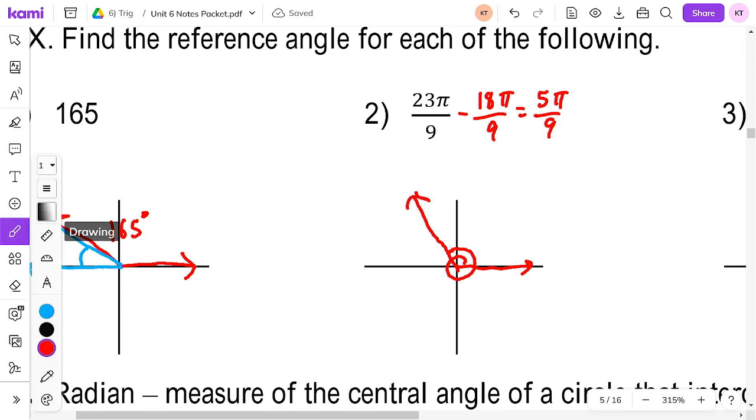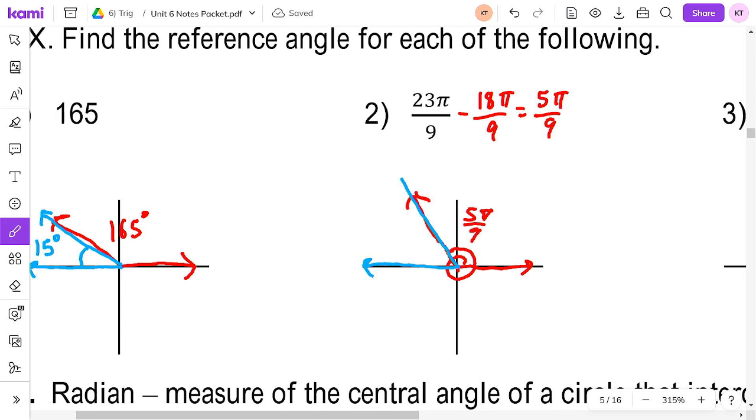That's going to be my original angle here. My reference angle is going to be between my terminal side here and my x-axis here. If I went 5 pi over 9 in this section to create this semicircle, I would have to add another 4 pi over 9. So 4 pi over 9 will be my reference angle.